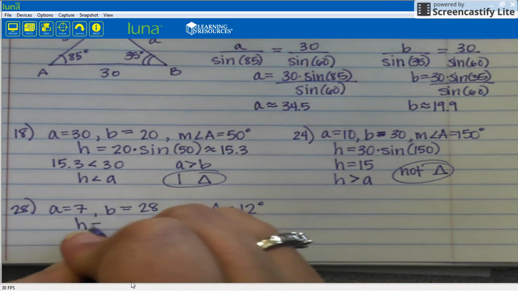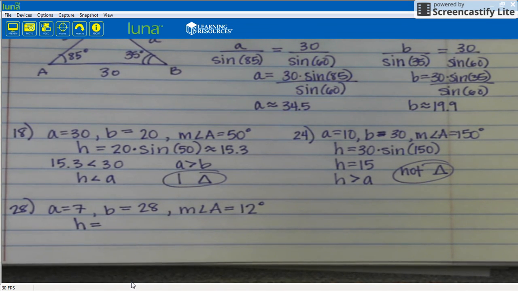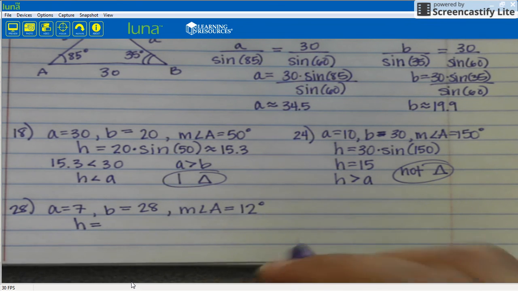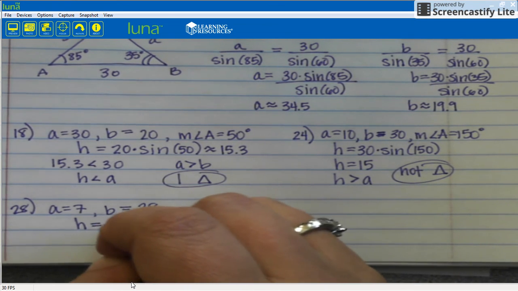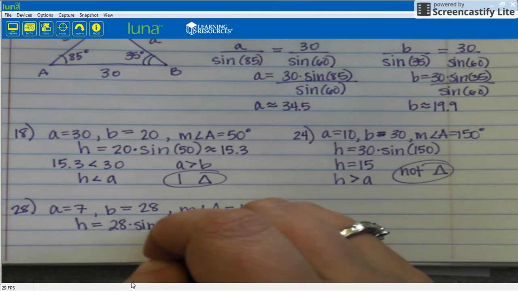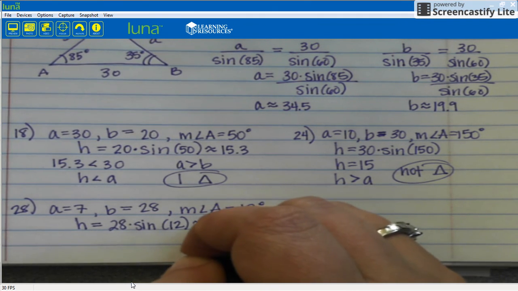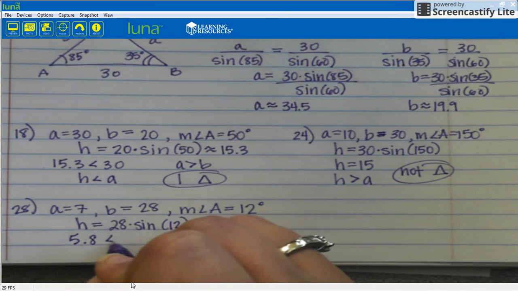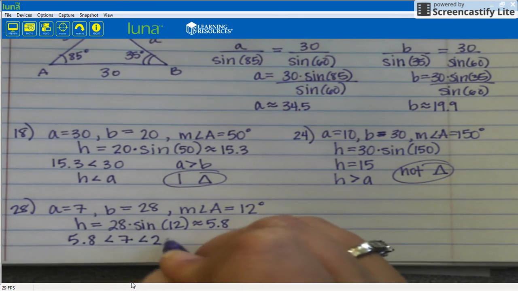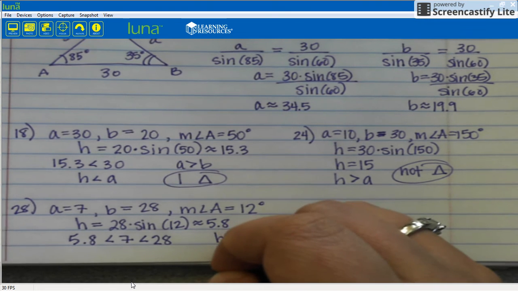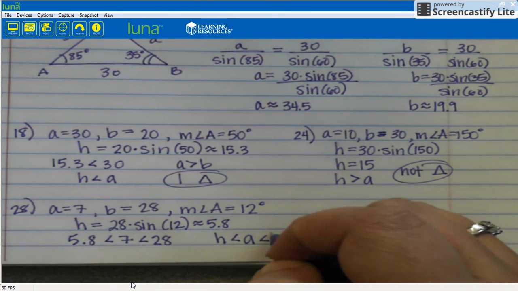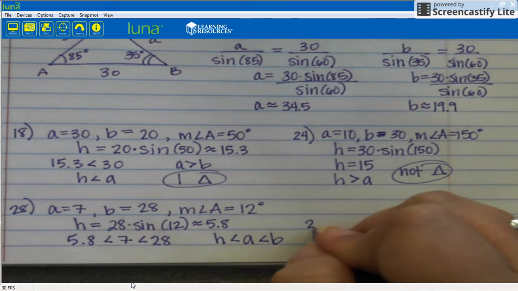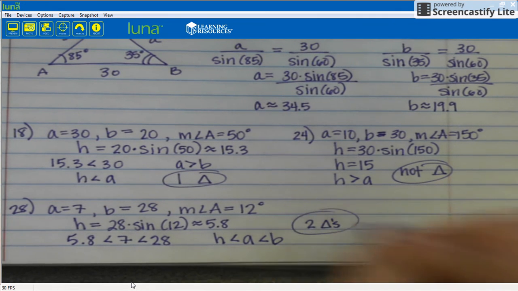So we find our h, so we have 28 times the sine of 12, and this is going to give us about 5.8. So I have 5.8 is less than 7 is less than 28. So I have h is less than a is less than b, which means we could have two different triangles that occur.